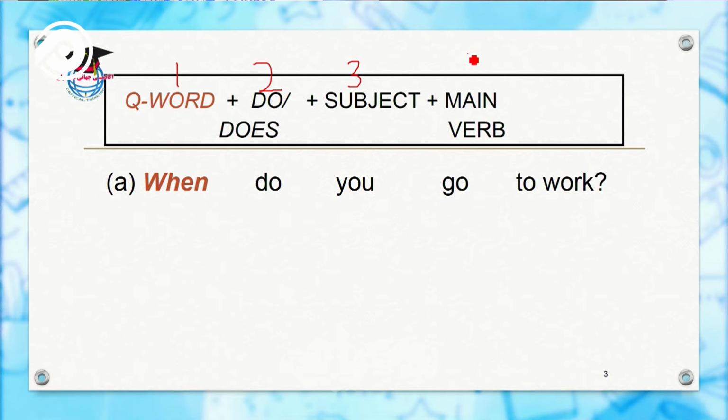What's the main verb here? This is actually the fourth thing that you have to do: you have to put the main verb. The main verb is go.